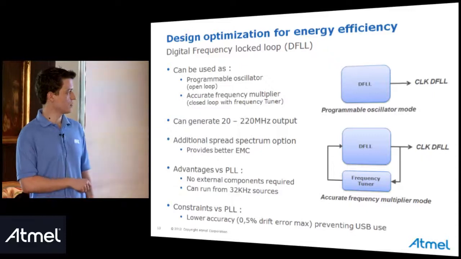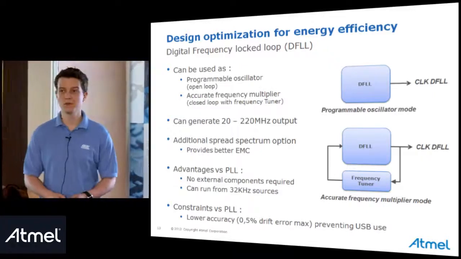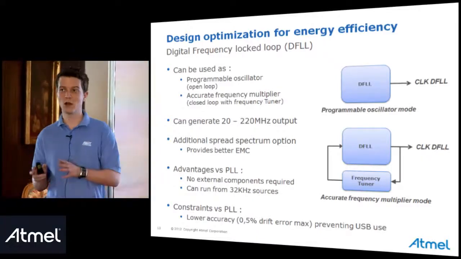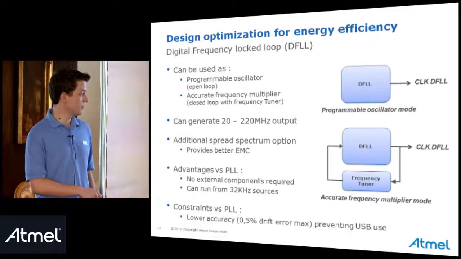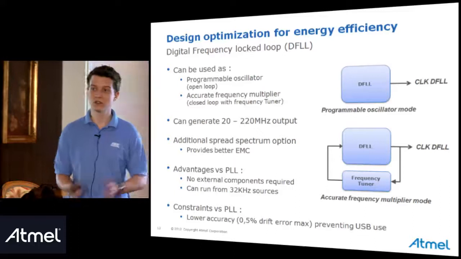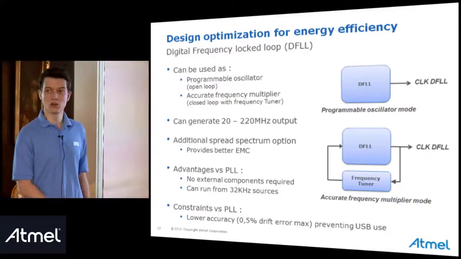It has an additional spread spectrum option, so it's for better EMC protection. And the main advantage compared to the PLL is that it can run from 32 kilohertz clock sources. This is not the case for the PLL. And then it allows to have no external component.